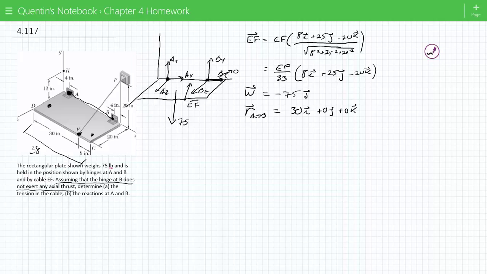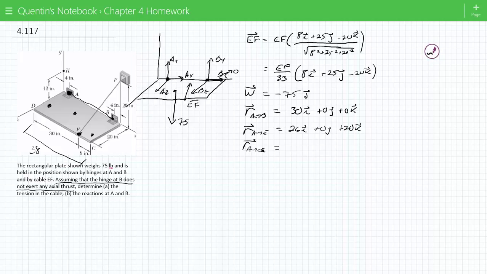So R from A to E is going to be 26 in the I direction, plus 0 in the J direction, and plus 20 in the K direction. And then R from A to the CG, this is where they goofed in the solutions, is from here to this point right here.